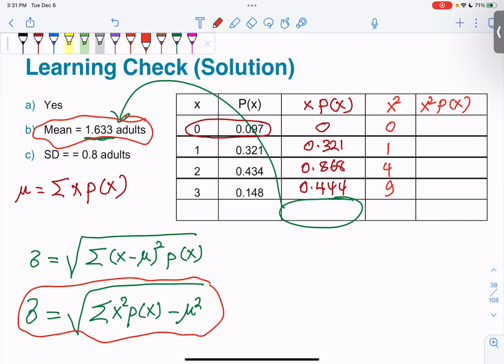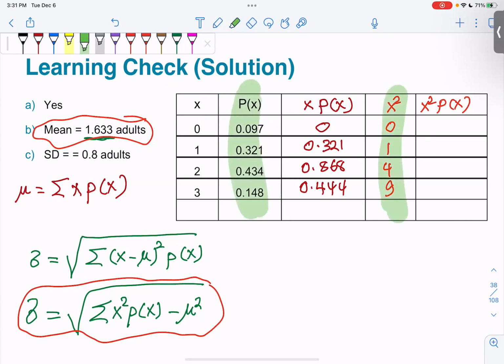And then this time you will find this value.